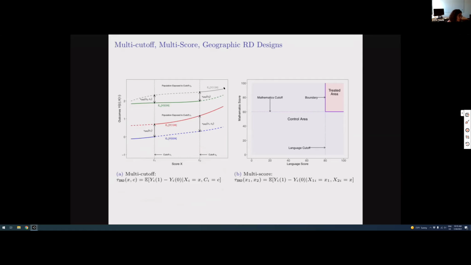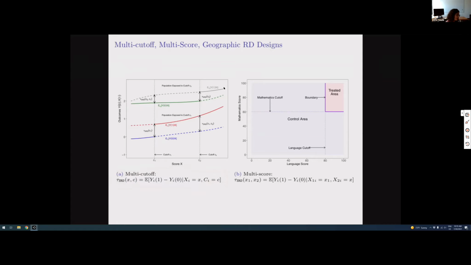And so really what you have is regression functions for one population and regression functions for another population. If you go cutoff by cutoff, you have two different treatment effects, right? So imagine that I have two cutoffs here, then I have the usual RD parameter, but now I have one RD effect for cutoff 1, another RD effect for cutoff 2.